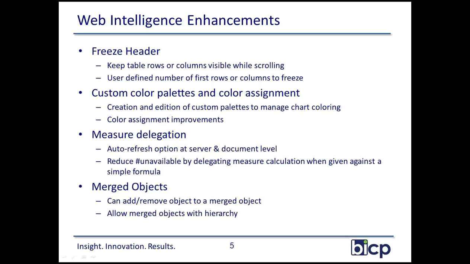In short, it was much easier to do in the prior version, 3.1 and earlier, and there were some limits in the first release of the 4.0 product. You simply couldn't add additional objects to a merged dimension. You had to delete and recreate. So that's been much improved.